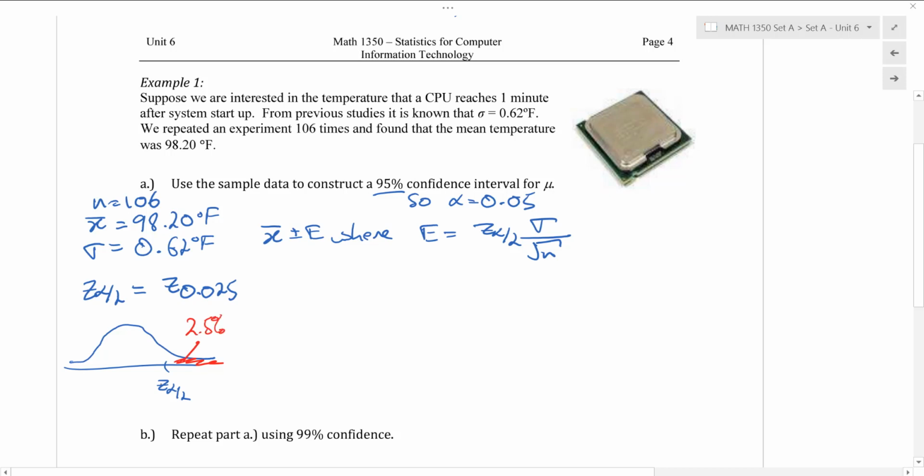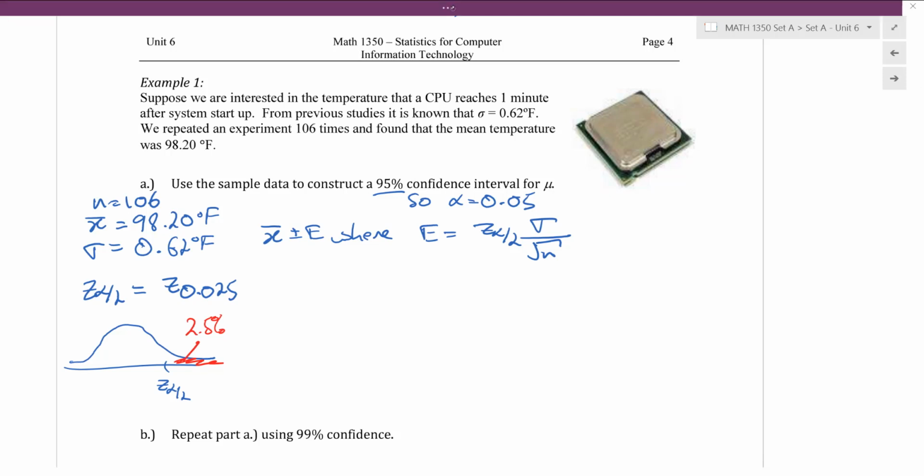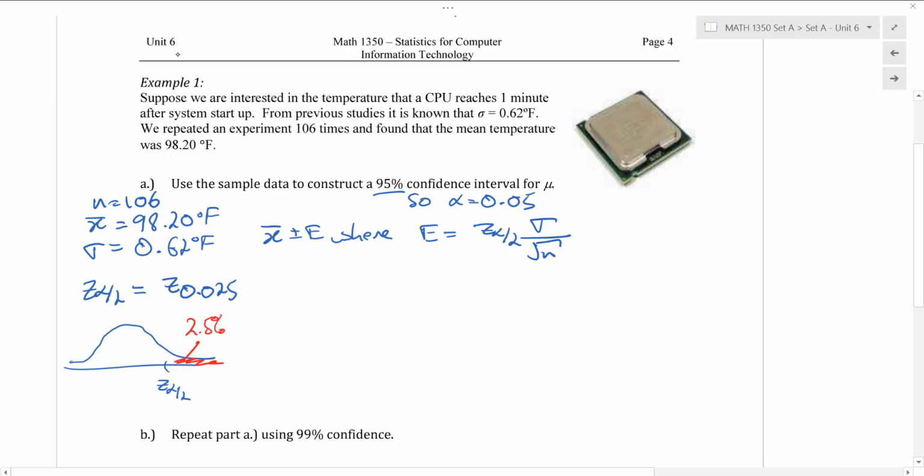So we'd like to find this z alpha over 2. Using the empirical rule, we're kind of expecting this to be around z equals 2. We expect 2 standard deviations from the mean to section off about 95% of the data. But let's do this exactly. We can do this in R. So from R, let's think about the 97.5th percentile.